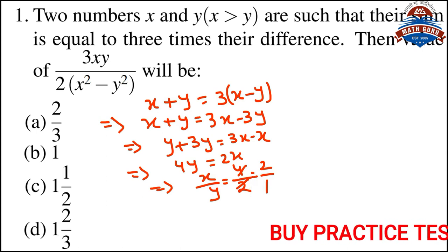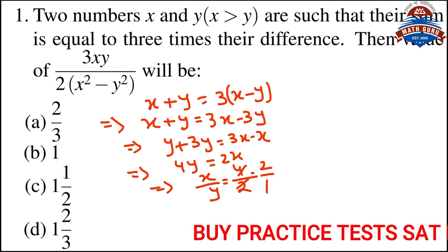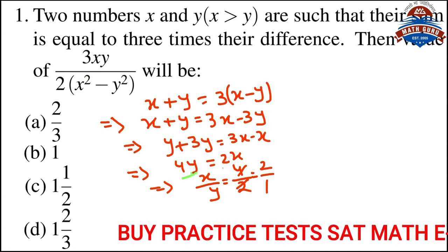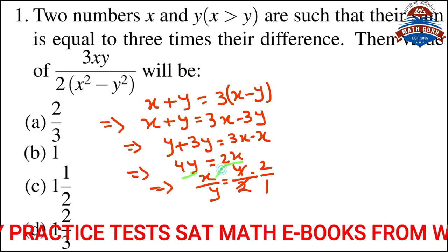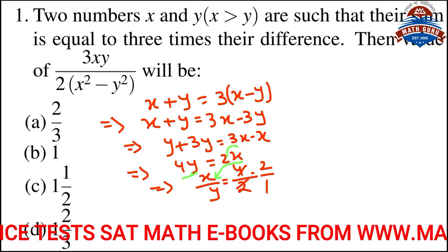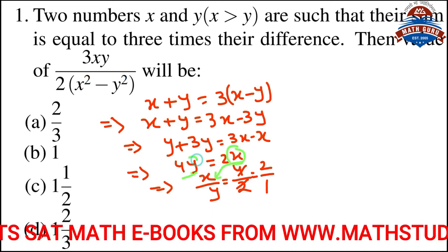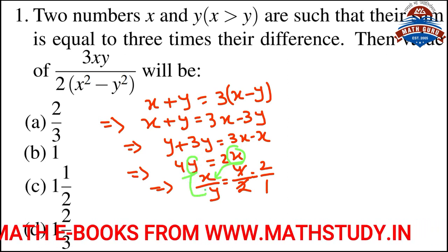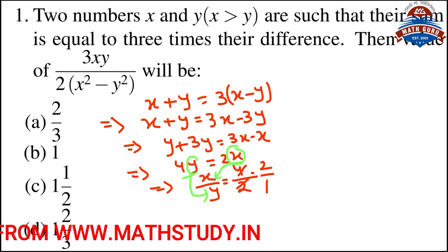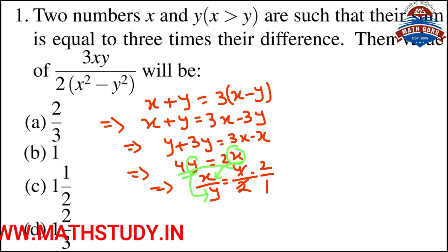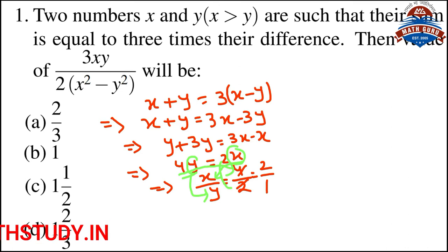Getting the point, students? Here what we have done is just interchanged these two: x of this part and y of this one, and we have written 4 here, and 2, the coefficient of x, here.